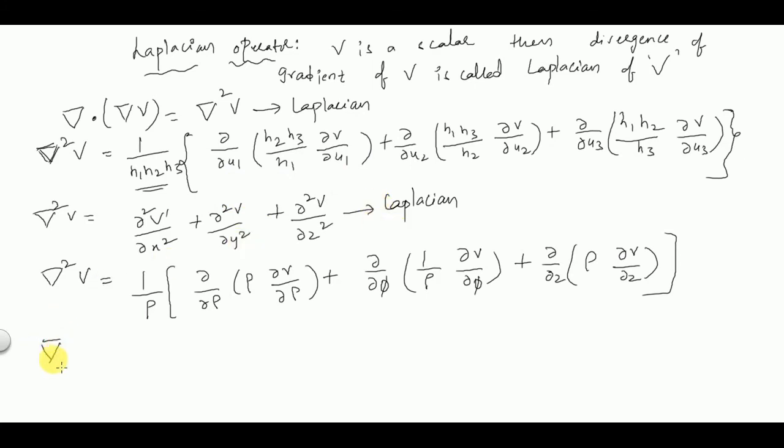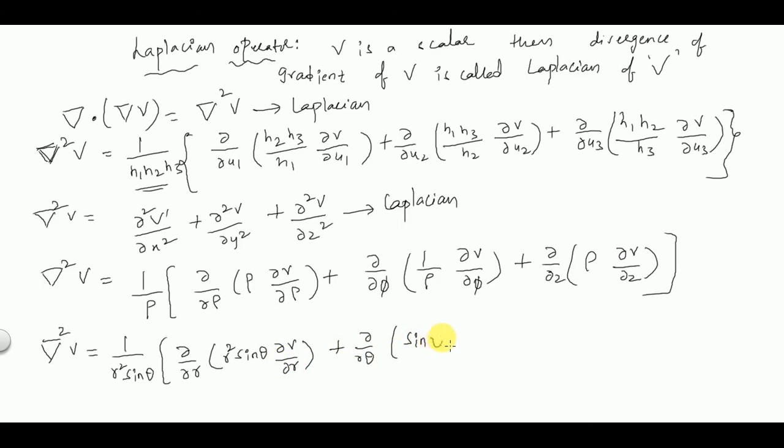Similarly, if you apply this formula for the spherical coordinate system, you'll get 1 by r square sine theta into dou by dou r of r square sine theta into dou V by dou r, plus dou by dou theta of sine theta into dou V by dou theta.